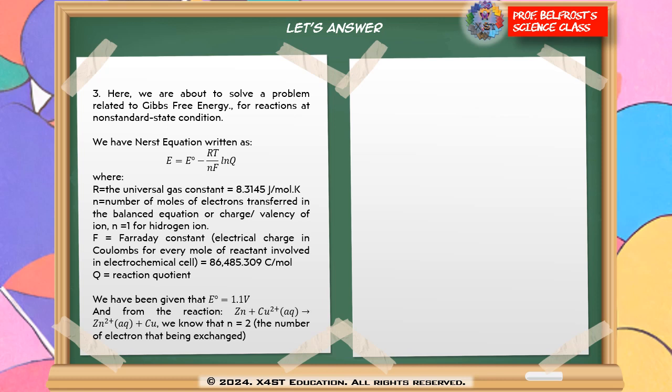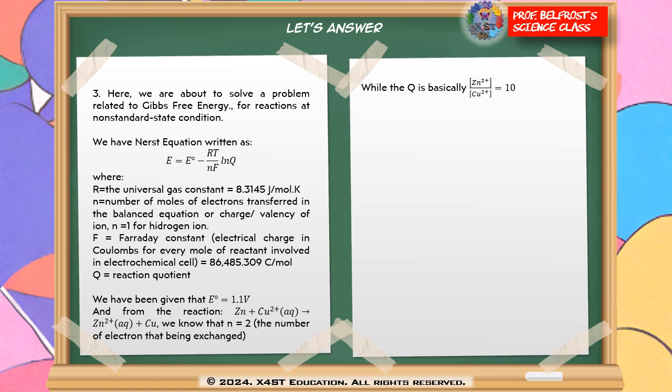Zinc solid plus copper 2 positive aqueous reacts and becomes zinc 2 positive aqueous and copper. Then we know from this reaction that the number of moles of electrons equals 2.